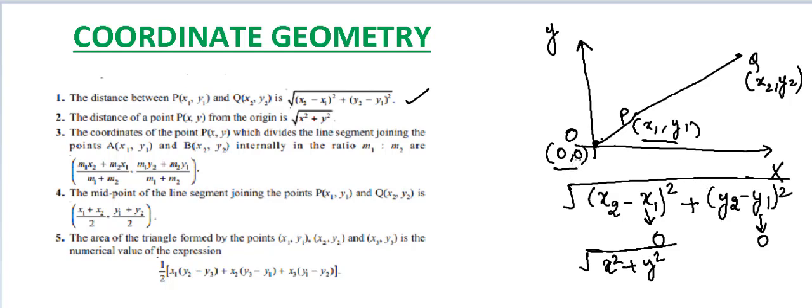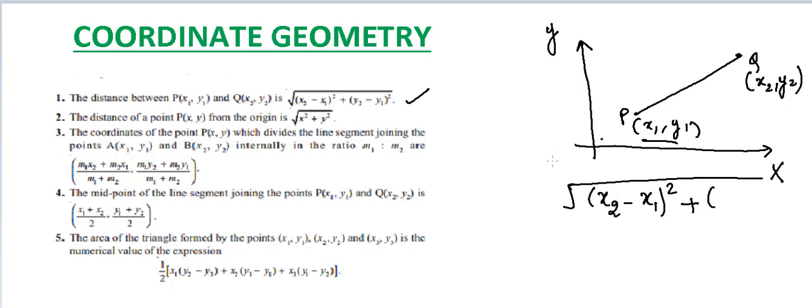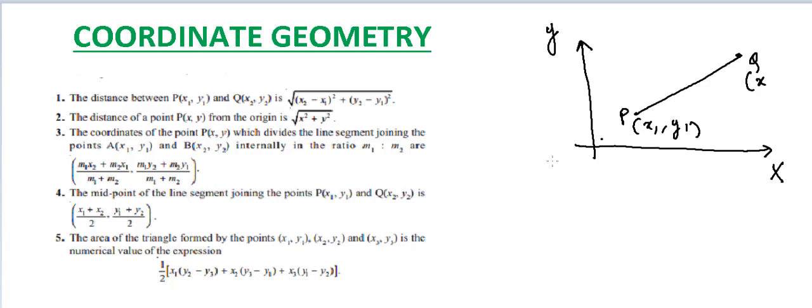Right? Now let us move forward and understand the other formulation. This chapter is more oriented to formulas. If you understand these formulas, this chapter is very simple, because by just putting the values you get the answers. Now this is the third point.